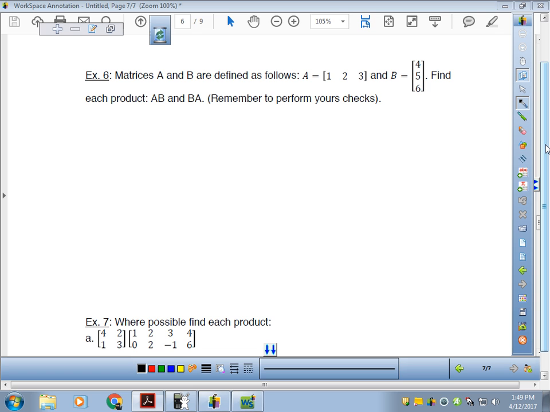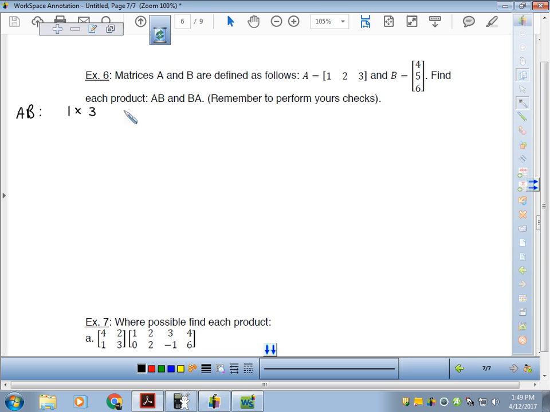So example 6 says matrices A and B are defined as follows. Matrix A is 1, 2, 3, and matrix B is 4, 5, 6. And they ask us to find the products, AB and BA. Okay. So for AB, we need to first check the sizes of A and B. A has 1 row and 3 columns.